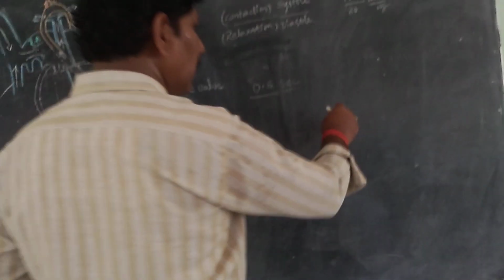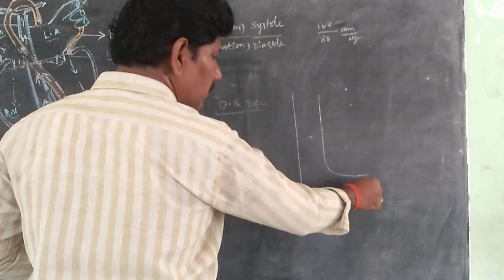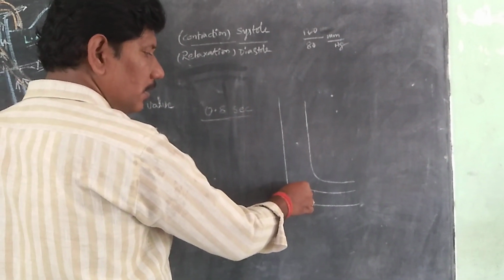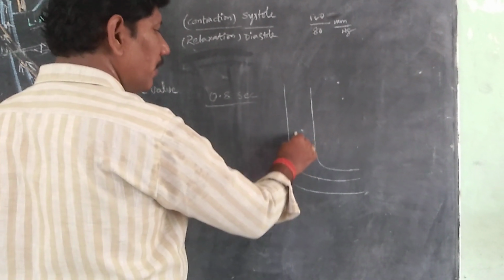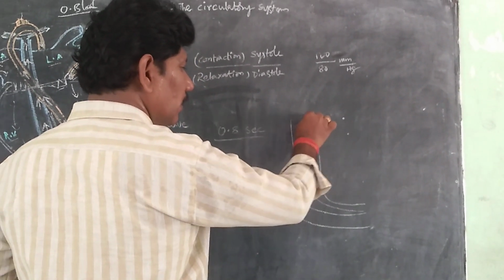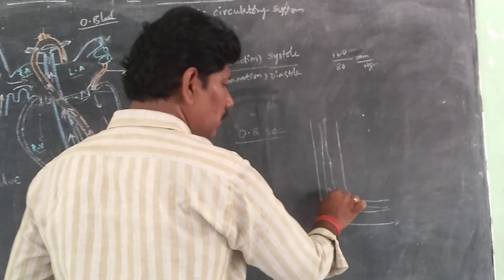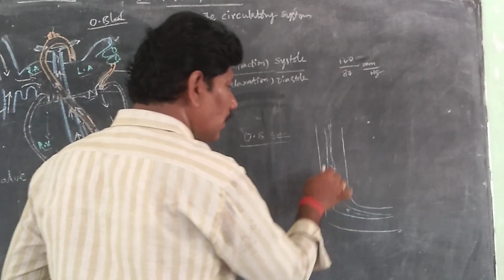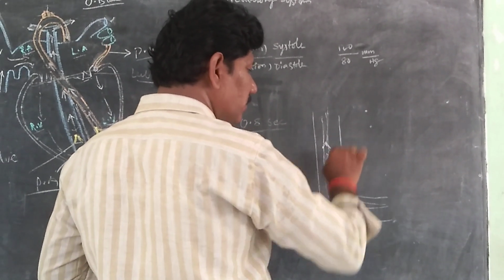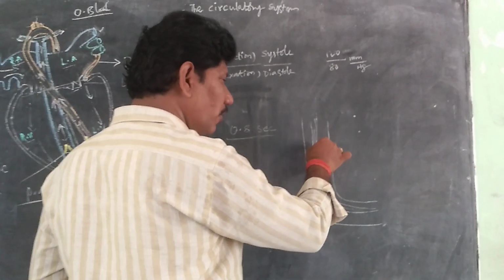See, for example, this is the leg muscle. The veins arise from the bottom portion and travel towards the heart. The valves are present in the veins to stop the backward flow of blood.